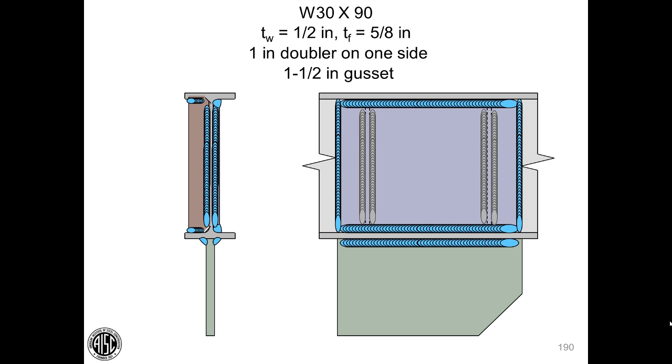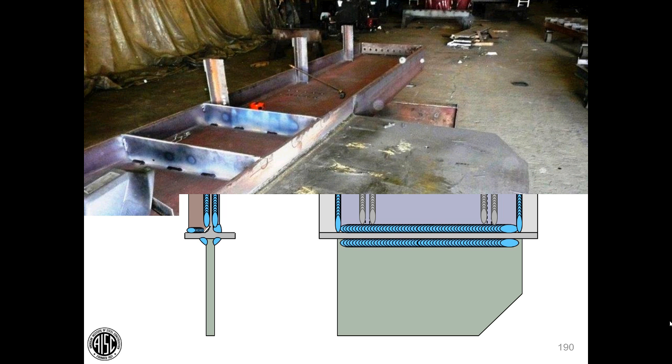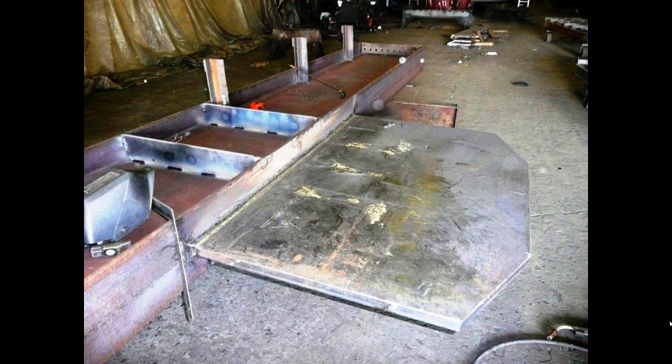Welds must shrink, and shrinking welds will create distortion. And when this was fabricated, they had excessive distortion. And you can see the porta-power jack being used to straighten some of these flanges out. You can see on the left-hand side the amount of deflection that's taking place on the wide flange shape.